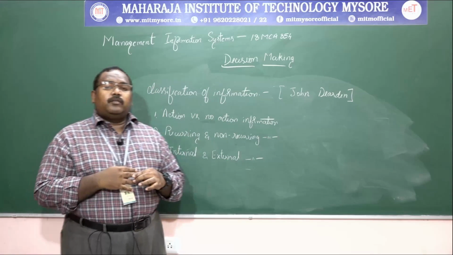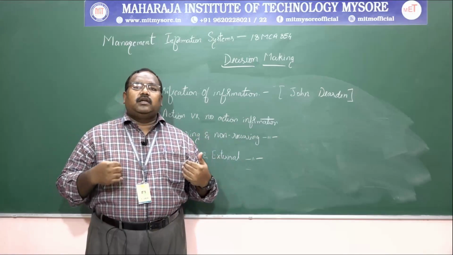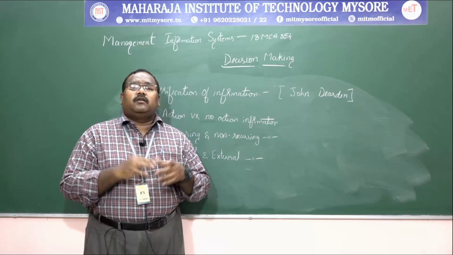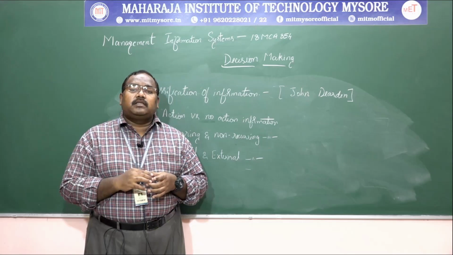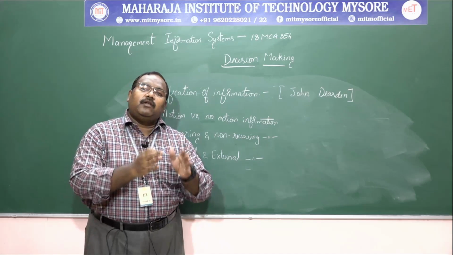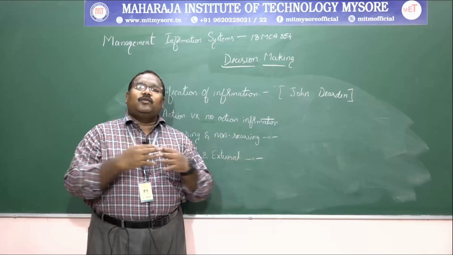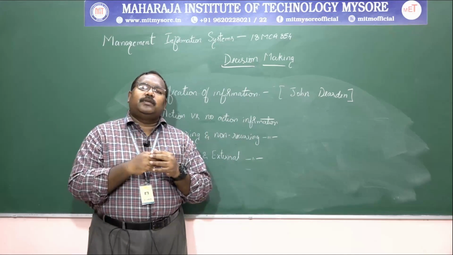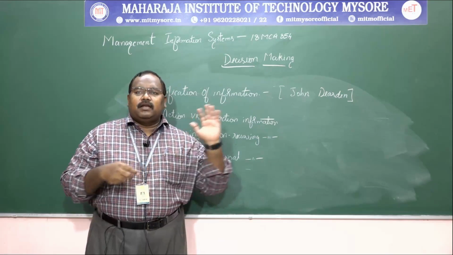The second one is external information. The information that is coming from the outside to us is said to be external information. Now the Vice Chancellor would say, from next month there would be an exam. It doesn't mean that only MIT will be conducting exams next month. No, it means that all the colleges affiliated to VTU will be having exams next month.